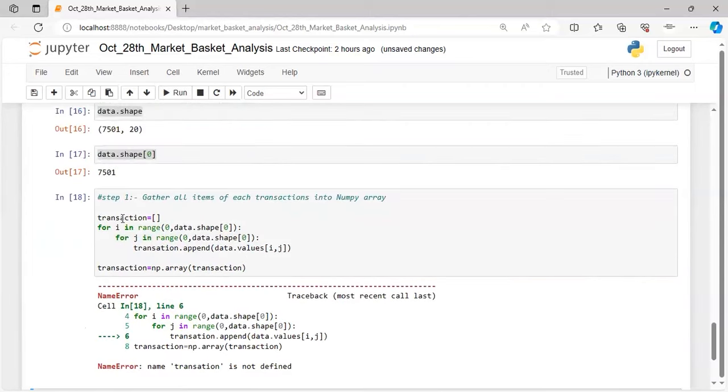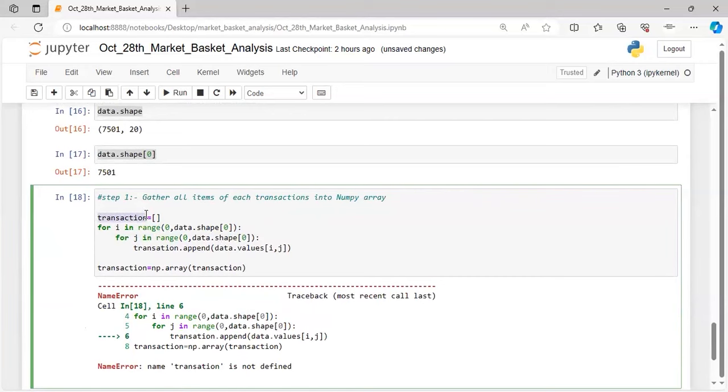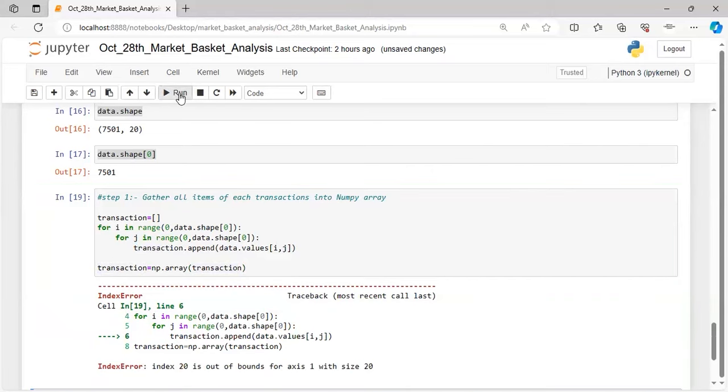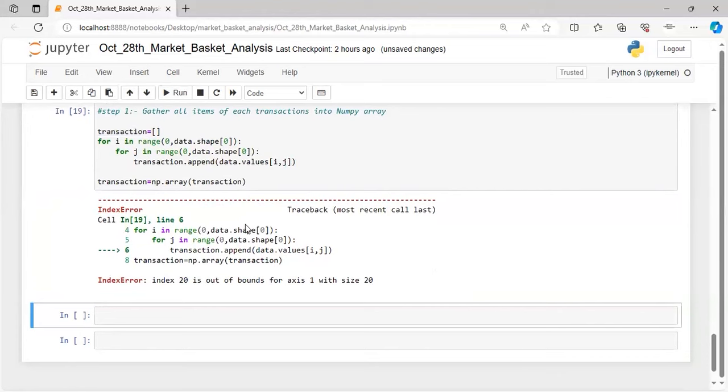Is this okay? Transaction. There is a spelling mistake, okay, no problem. Now an error: index 20 is out of bounds for axis 1 with size 20. What is the meaning of this?